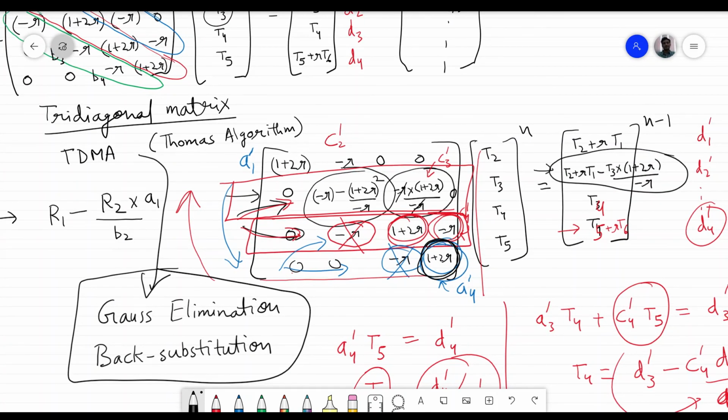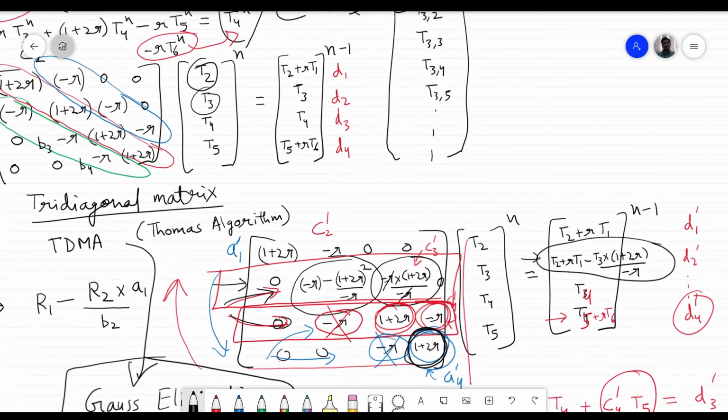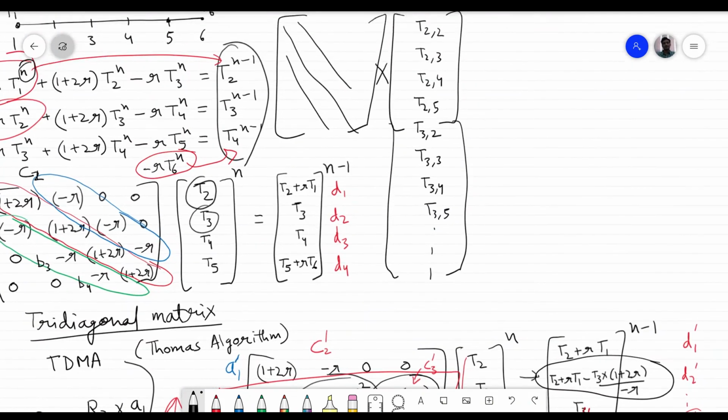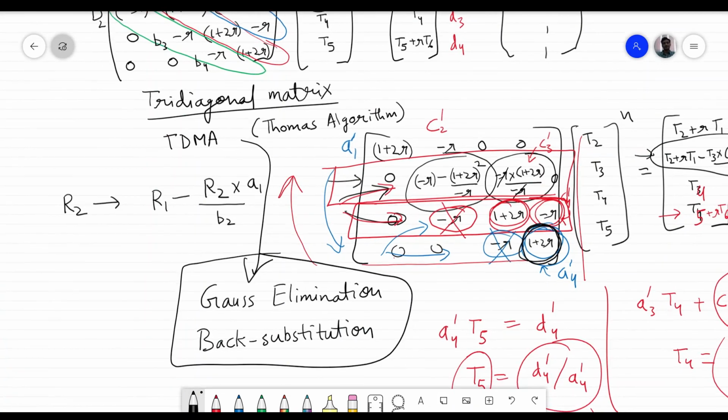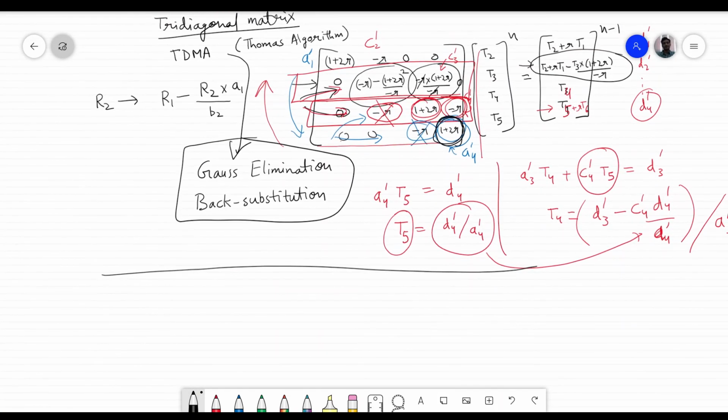But doing this Gauss elimination multiple times again increases the computational time. It is not very cost effective or time efficient. So it is better to use other methods, which we'll discuss in the next class. So we'll stop here. Thank you.